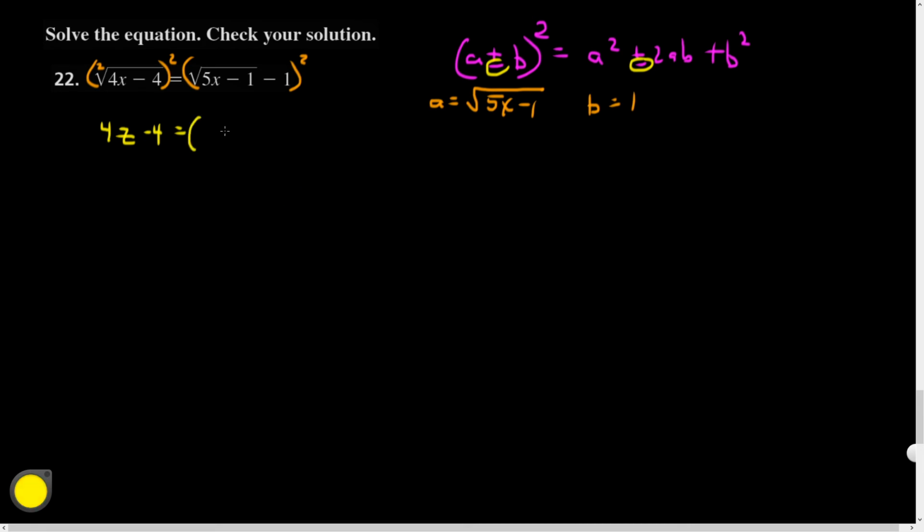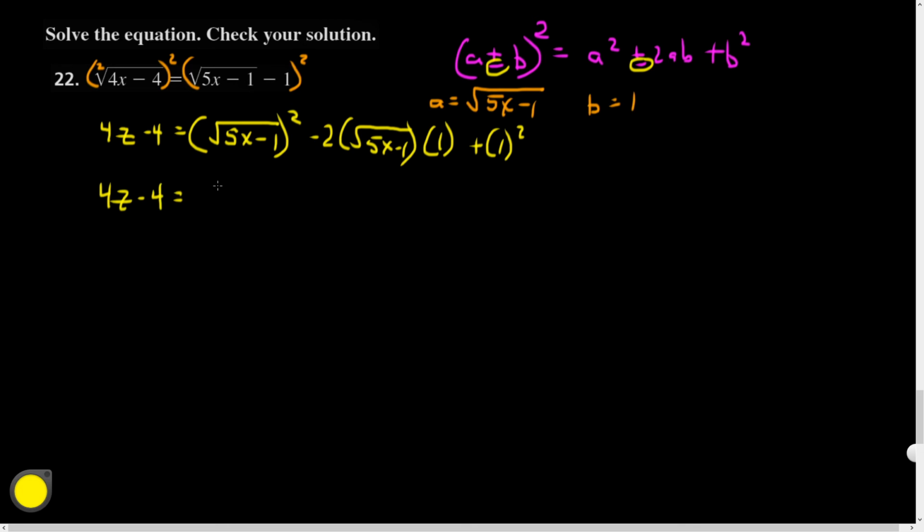Let's plug this in. So a squared minus 2ab plus b squared. Here we go. A is this squared minus 2 times a again times b plus b squared. So I've plugged it in proper. 4x minus 4 equals, this whole square root and square cancel out.